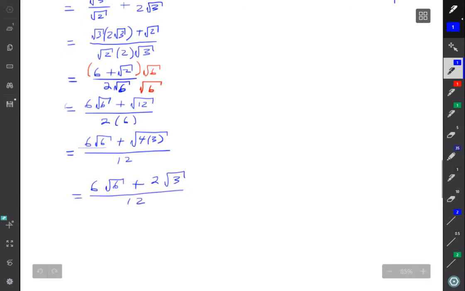Now, once you get to this point, you need to make sure that there are no common factors that divide into all of the terms in the numerator with what's in the denominator. So what we can see is that 2 goes into 6, 2, and 12. There's 2 ways of approaching this. Simply make sure that you divide the same number into all of these. Both of these terms are being divided by 12.